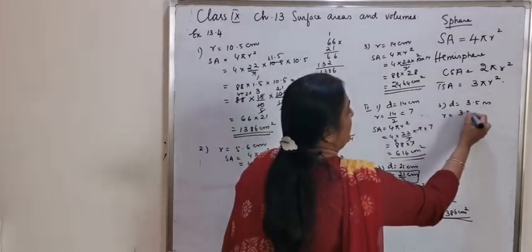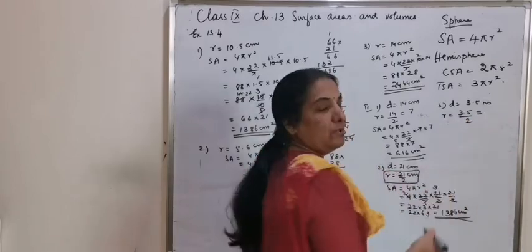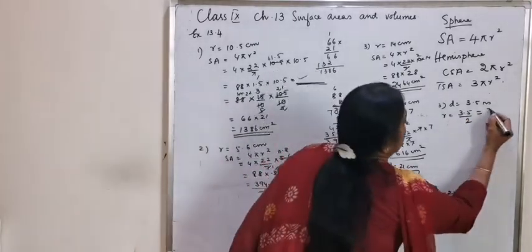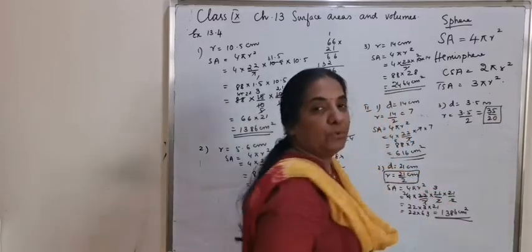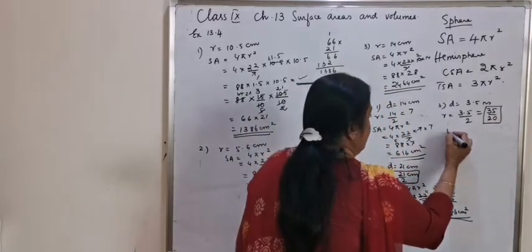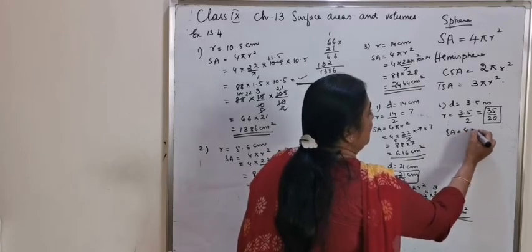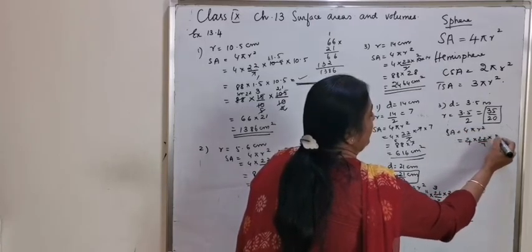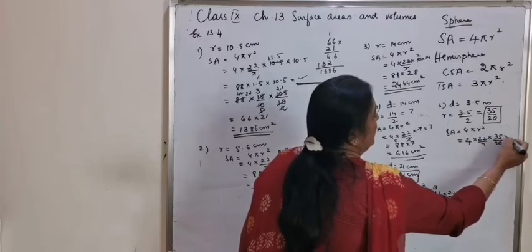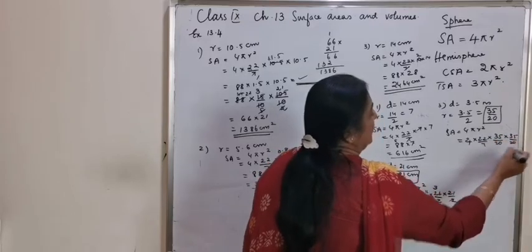Third subdivision is 3.5 meter. Radius equal to 3.5 by 2, which is equal to, leave it as the fraction 35 by 20. It will be easy for you to work out. So surface area is equal to 4 pi r square, 4 into 22 by 7, 35 by 20 into 35 by 20.